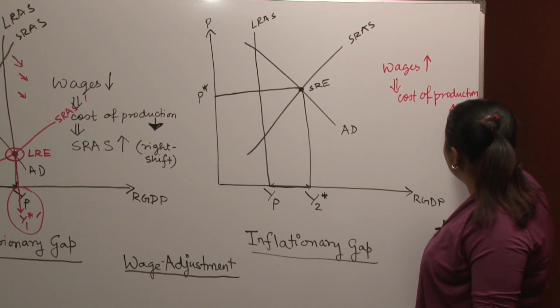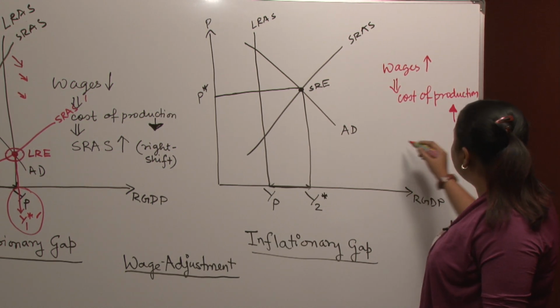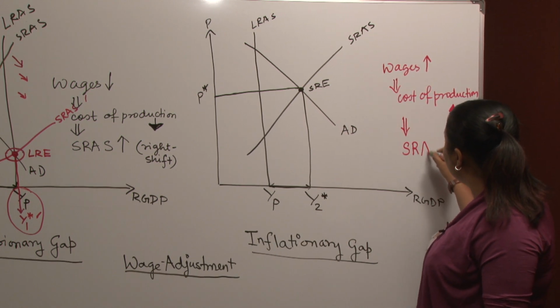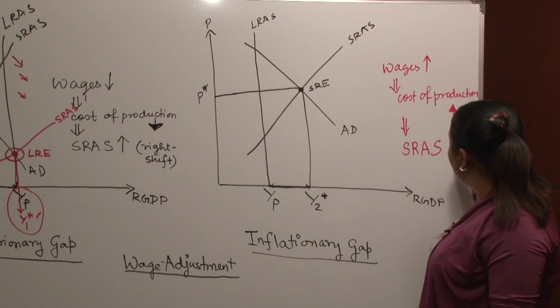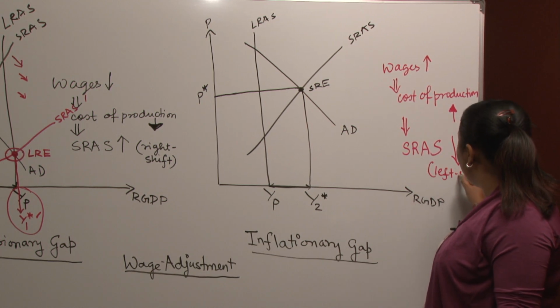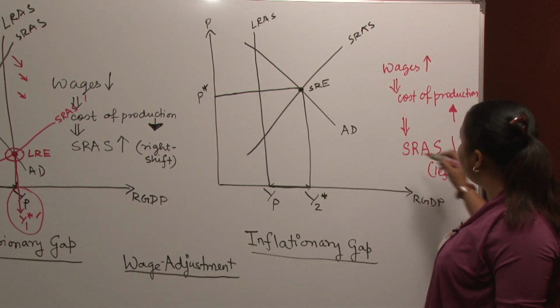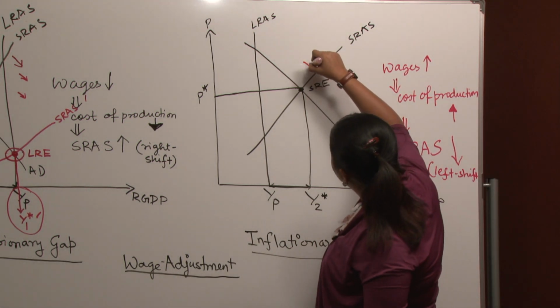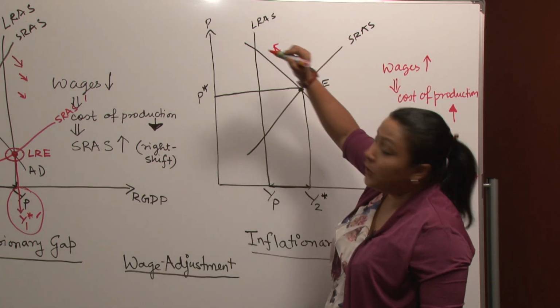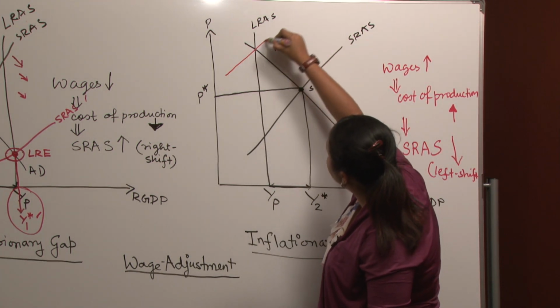As cost of production increases, we know that short run aggregate supply would be going down because it is now difficult to produce. So SRAS would be going down, so you would see a left shift of the SRAS curve. So that means now this curve starts moving leftward, and this shift will continue until it comes to a situation like that.